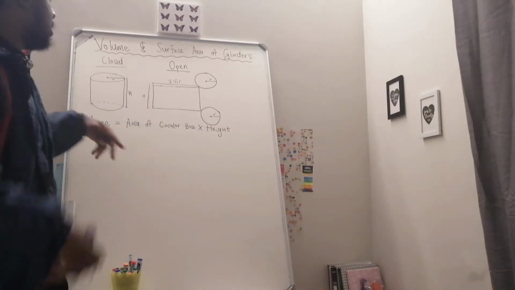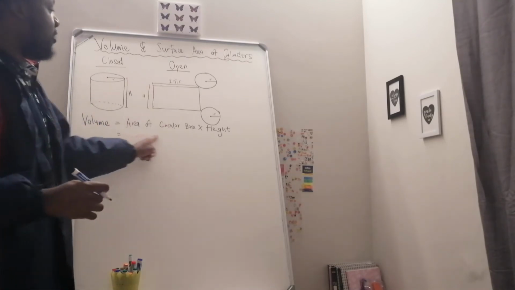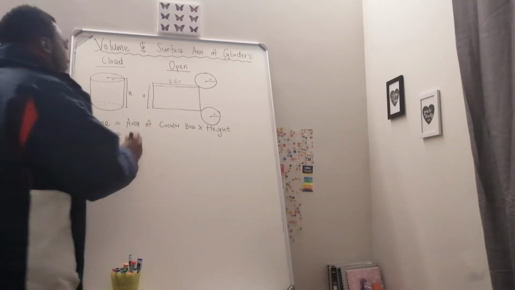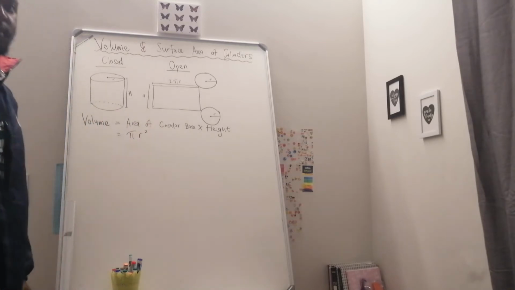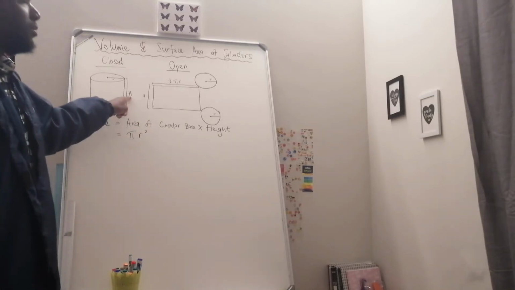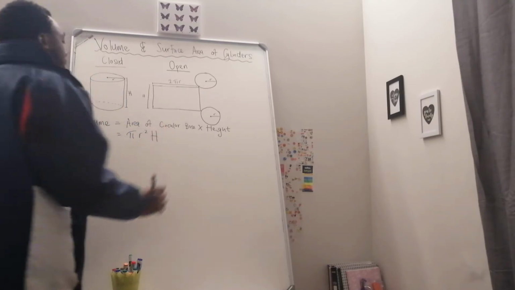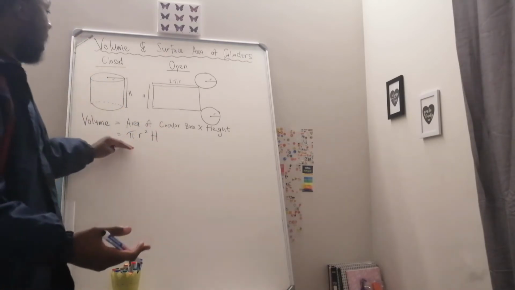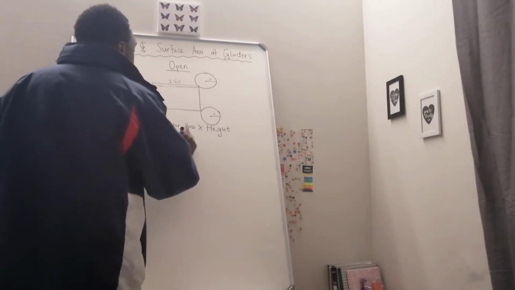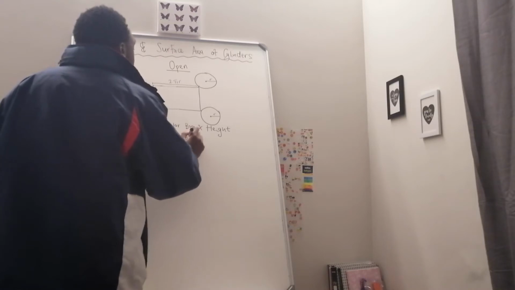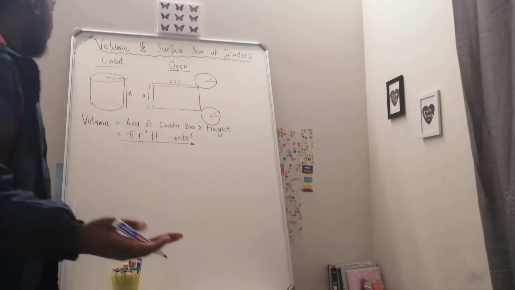So that is volume. So now let's put in formulas. The area of the circular base is just pi r squared. The height, I've labeled it as h, so I'll just multiply by h there. So volume is pi r squared times h. And obviously the units are going to be cubed, right?